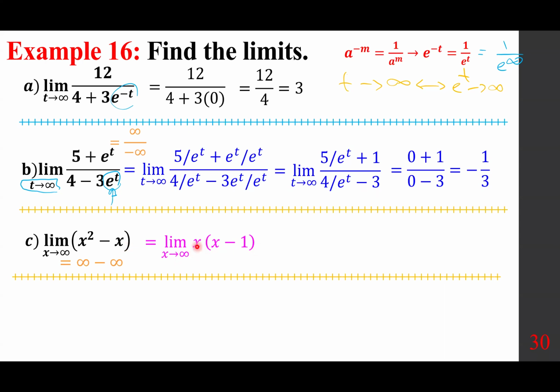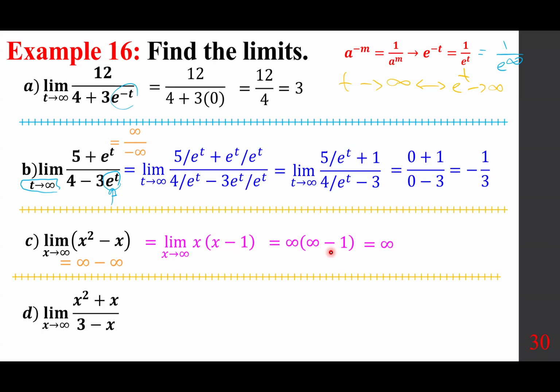If I plug in now, I get infinity times infinity minus 1. And again, infinity minus 1 or minus 1 billion makes no difference. It's infinity. Their product is infinity. Infinity times a number divided by a number, they're all infinity. The only thing is you want to be careful with the sign.